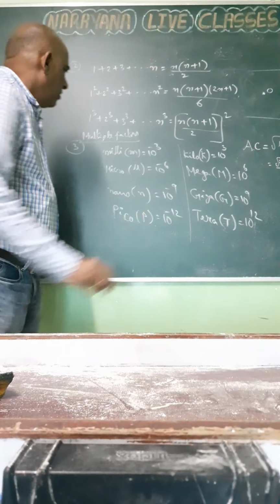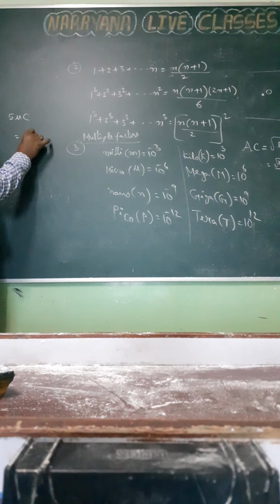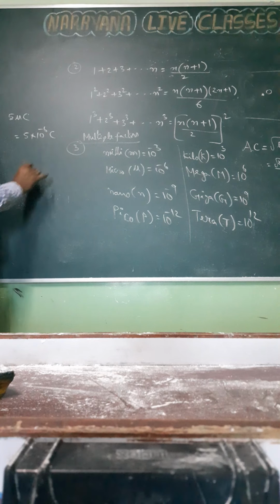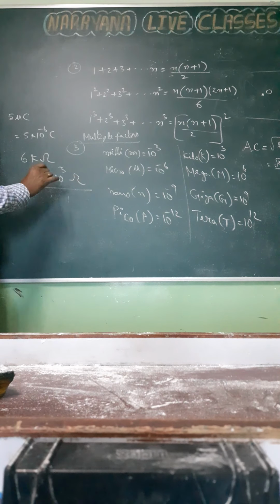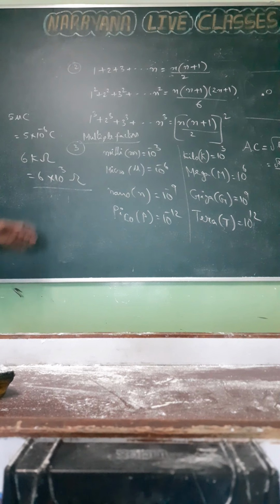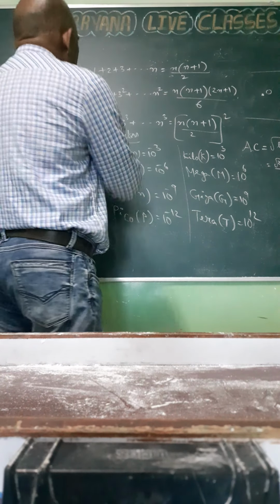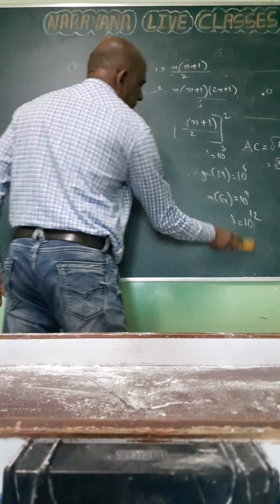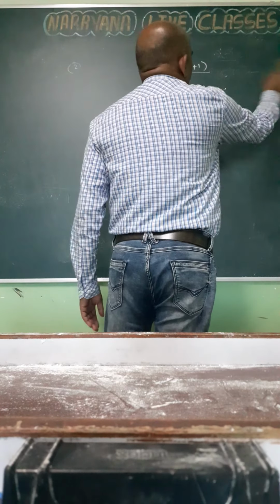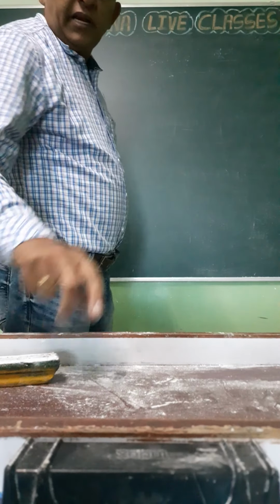For example, 5 microcoulomb means 5 into 10 power minus 6 coulomb. 6 kilo ohm is 6 into 10 power 3 ohms. Like that we can write. So this is the third concept, multiple factors. And the next, fourth one, trigonometric formulas.